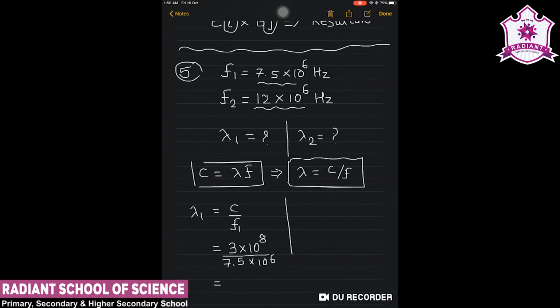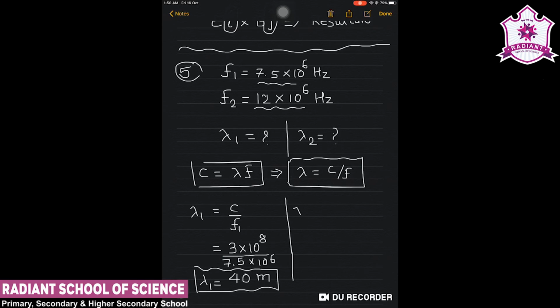As per the given question, 3 upon 7.5, we can say simply that this value will be 100 upon 25, that is 4, and if we simplify this equation we get 40 meter. So we will get lambda 1 to be 40 meter as per the question.